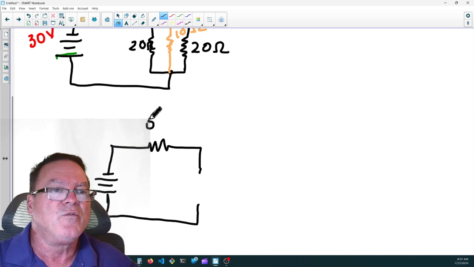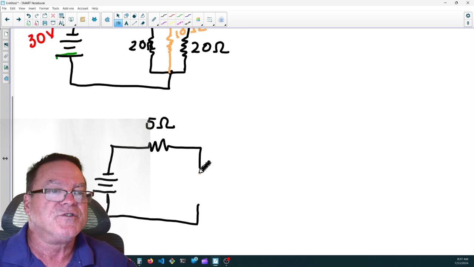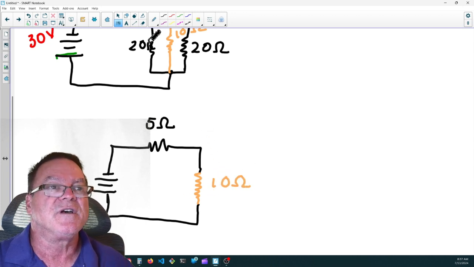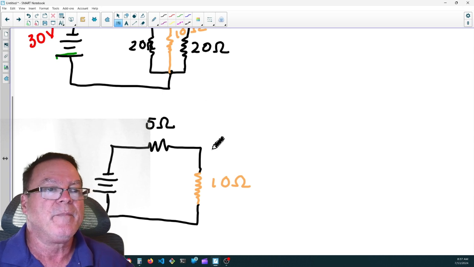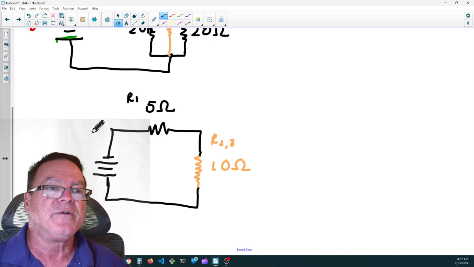Here's my 5 ohm resistor R1, and here's my equivalent resistor R23, and it's 10 ohms. Remember, that's the equivalent resistance of R2 and R3. I'm going to call this R2,3. This one is R1.